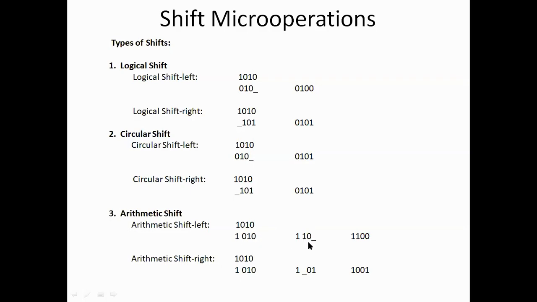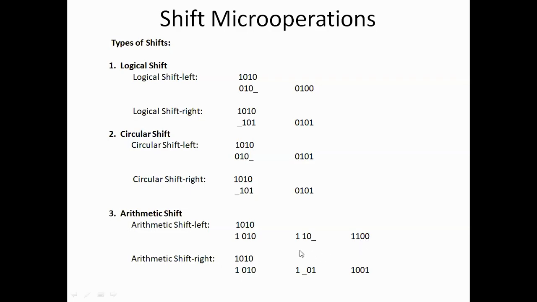So this 1 is here, this 0 is here, and the least significant bit is empty. There we will introduce 0. The empty space is filled with 0 here also. So we get this number 1100. Again, this first bit is the sign bit and the remaining part is the number. And if we look at this number, what is this? This is minus 100, which is 4.